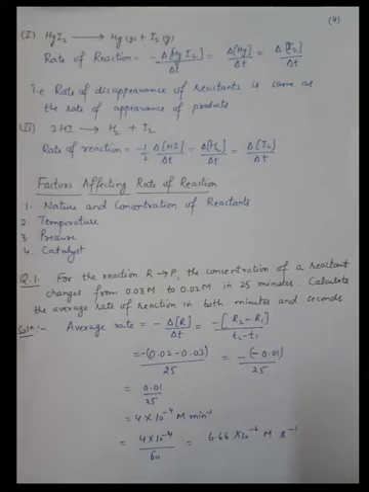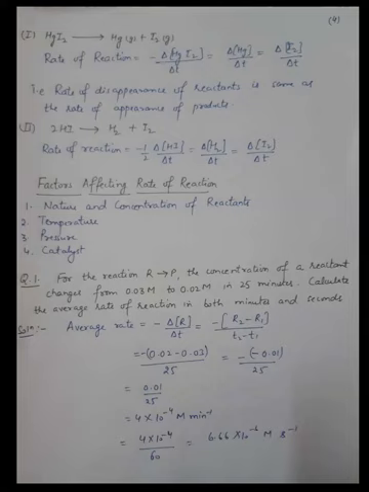Change in concentration of R means R2 minus R1, and change in time means t2 minus t1. Here the concentration of R changes from 0.03 to 0.02, so R2 is 0.02 and R1 is 0.03, and time is 25 minutes.